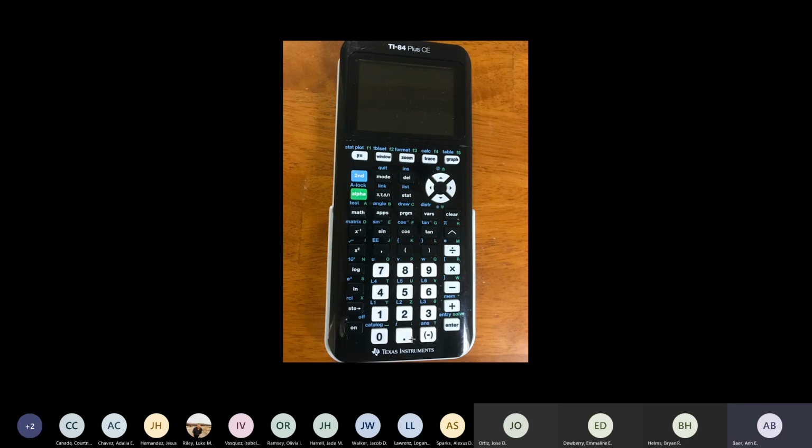And then, this is what's really helpful, we want to convert to a fraction. How do we convert to a fraction?